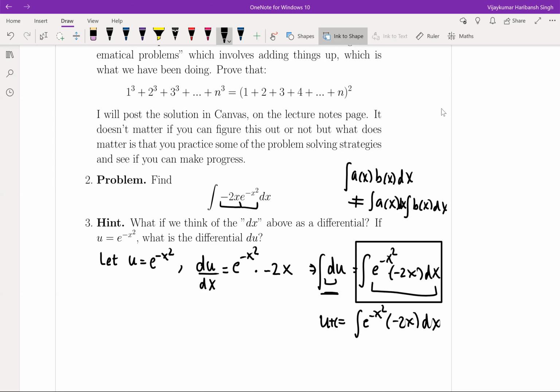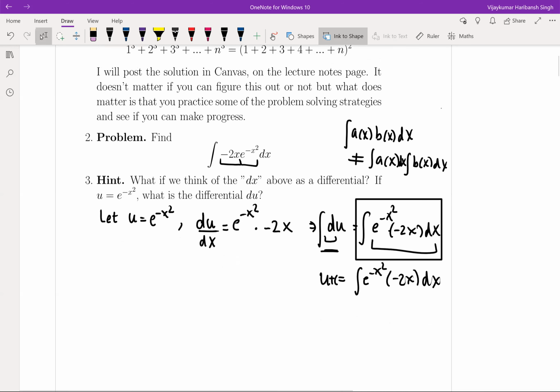So if you compare, what was your u? Your u was e to the minus x squared, so the integral is e to the minus x squared plus c. So the integral of this guy is equal to this, all right? So such a method is called the substitution rule, okay?